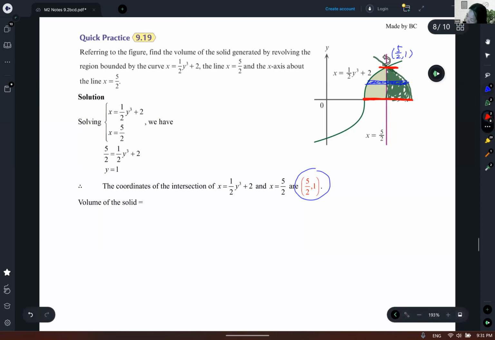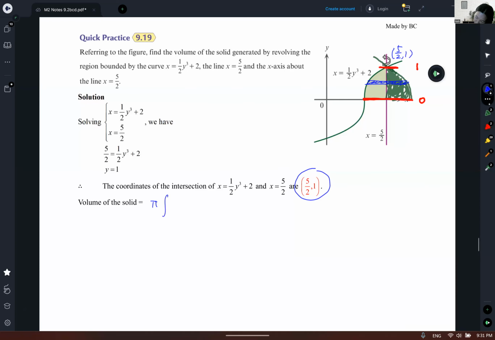So I know that I'm integrating from 0 to 1. Okay, so the volume of the solid is pi r squared dy. Pi r squared dy.